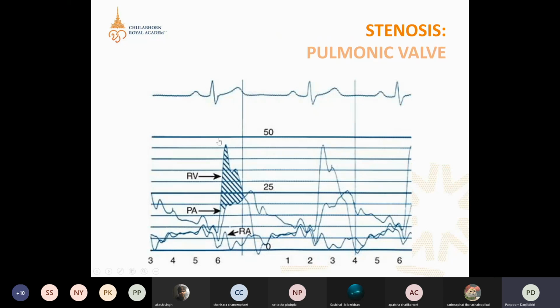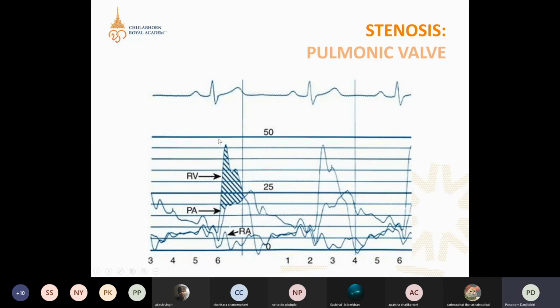Let's say about the pulmonary valve. Actually it is the same as what I talked about, the gradients across the aortic valve.